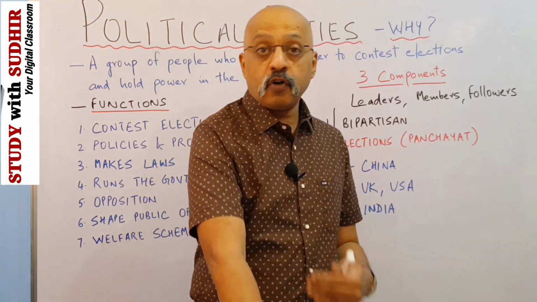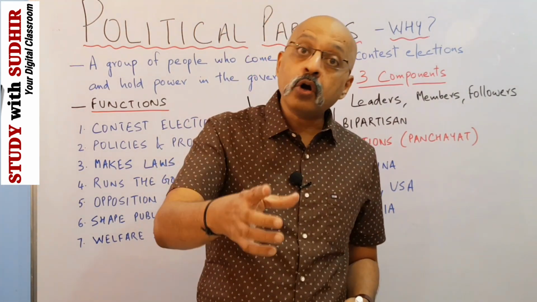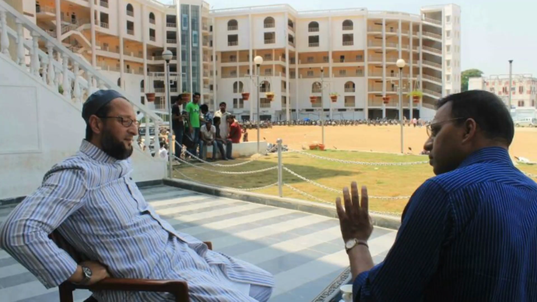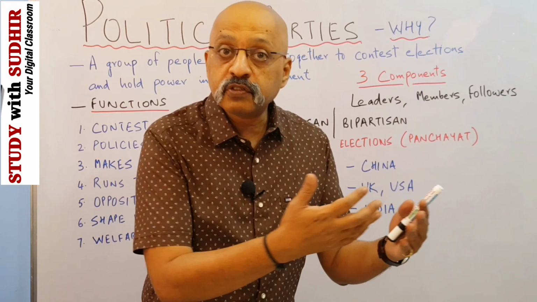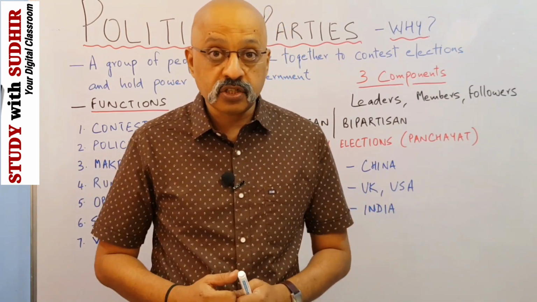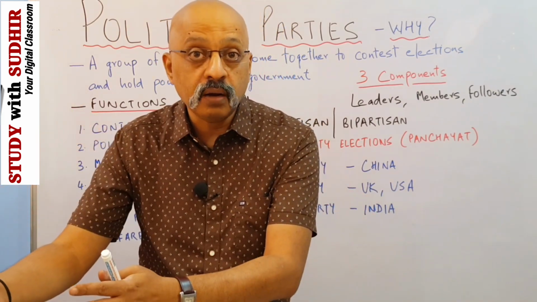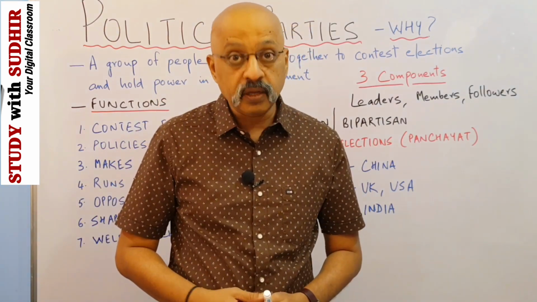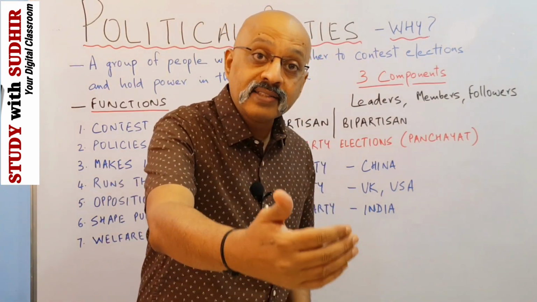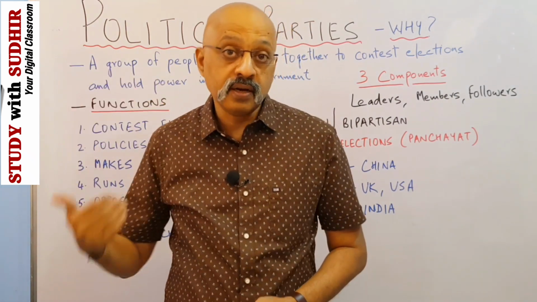But the 540 MPs who are being elected belong to different political parties. You have an Asaduddin Owaisi coming from MIM from Hyderabad, you have a Pratap Simha coming from Karnataka from the BJP, you have MPs from Shiv Sena getting elected from Maharashtra, you have Akhilesh Yadav getting elected as an MP from Uttar Pradesh from Samajwadi Party, you have a Farooq Abdullah getting elected as an MP from Srinagar in Kashmir.